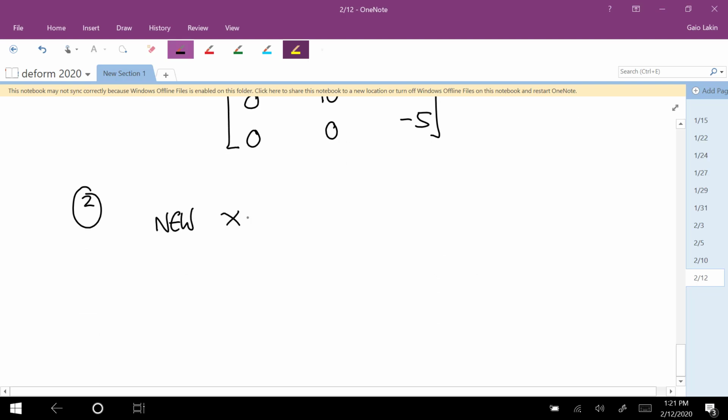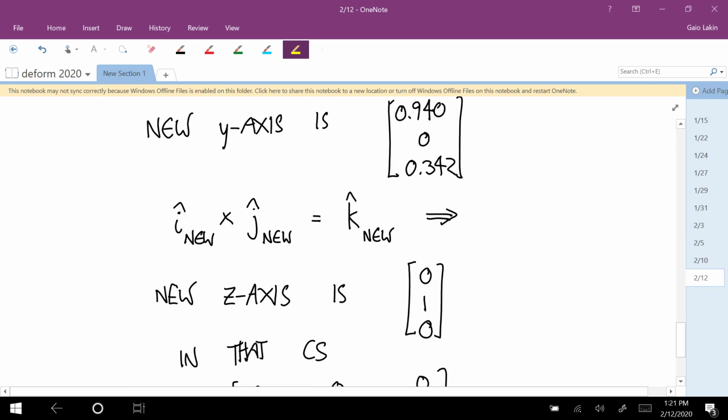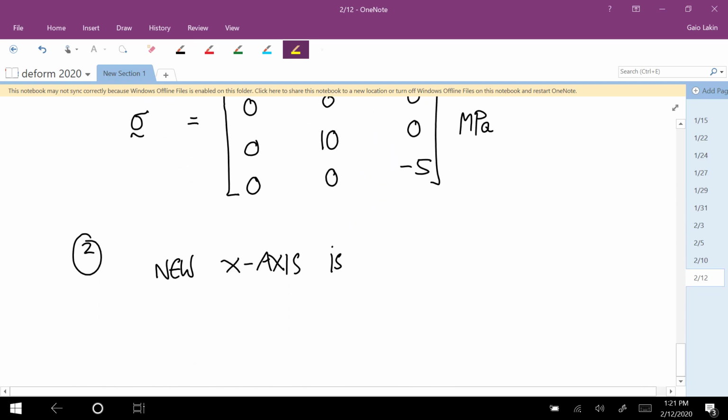So the new x-axis is 0.940, 0, positive 0.342. Okay.